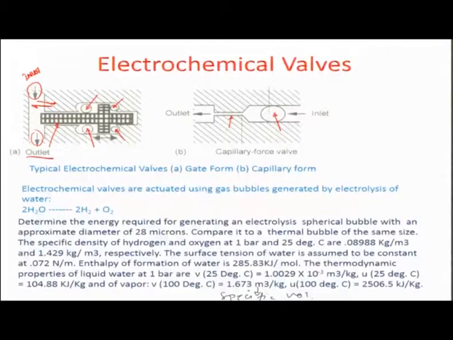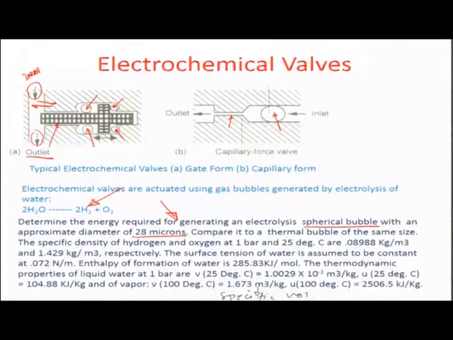So, in context of that, I had given a design problem, where we talk about determining the energy required for generating an electrolysis based spherical bubble with an approximate diameter of 28 microns. The hydrolysis of water reaction is given in this particular equation.